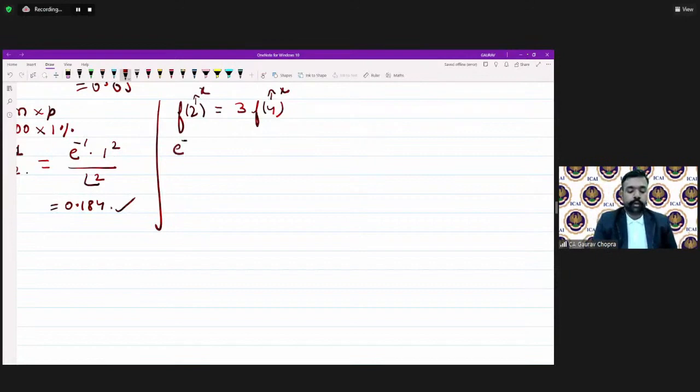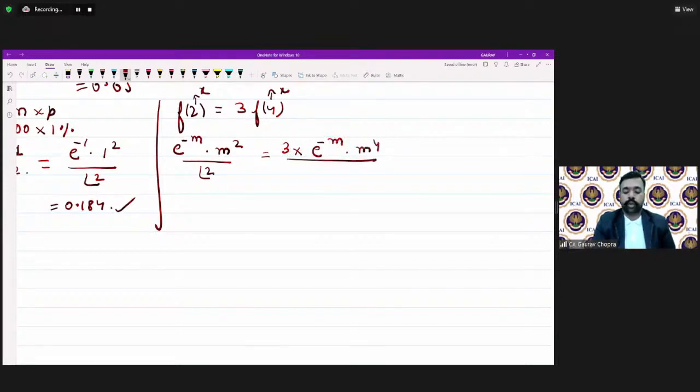So e to the power of minus m, m to the power of 2 upon factorial 2 equals 3 into e to the power of minus m, m to the power of 4 upon factorial 4. We can cancel e to the power of minus m, and m square will also get cancelled.